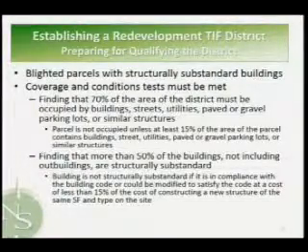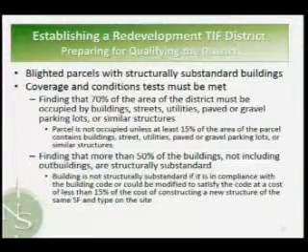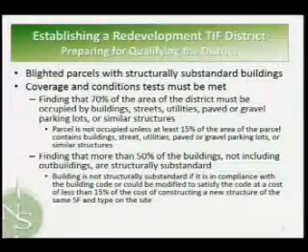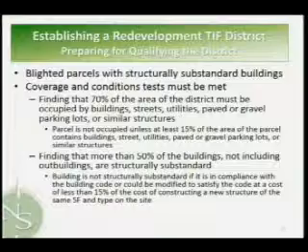To your question on the qualification of the district, for a redevelopment district, it needs to be blighted parcels with structurally substandard buildings. What does that mean? There are really two tests that you need to meet.